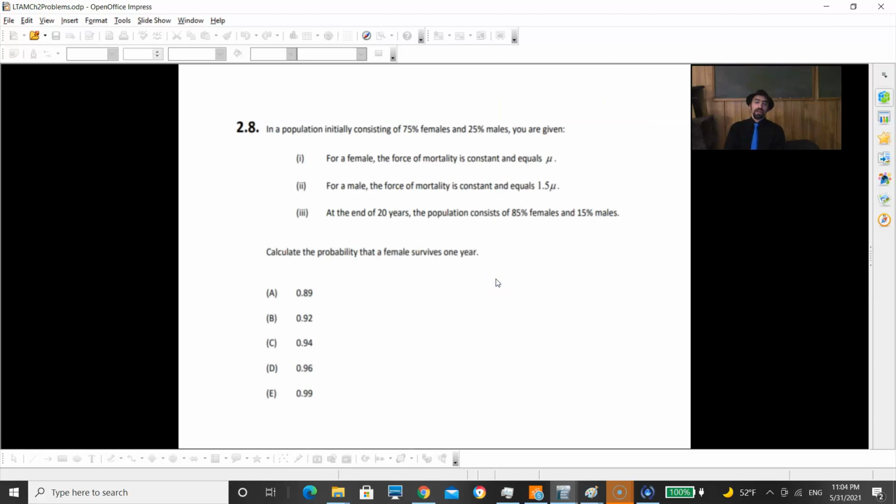And finally, 2.8. In a population initially consisting of 75% females and 25% males, you're given for a female, the force of mortality is constant and equals mu. For a male, it's constant and equals 1.5 mu, and after 20 years, the population consists of 85% females and 15% males. Calculate the probability that a female survives 1 year.